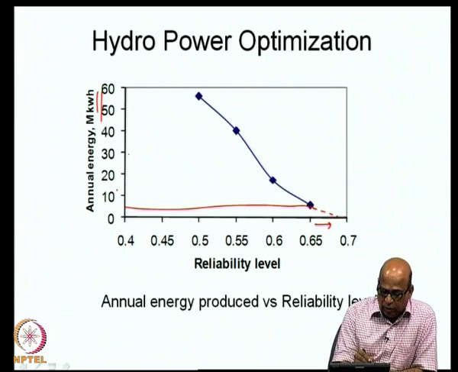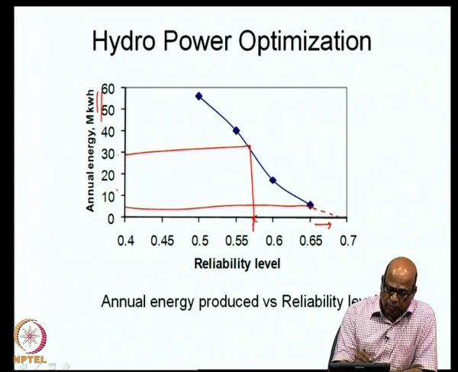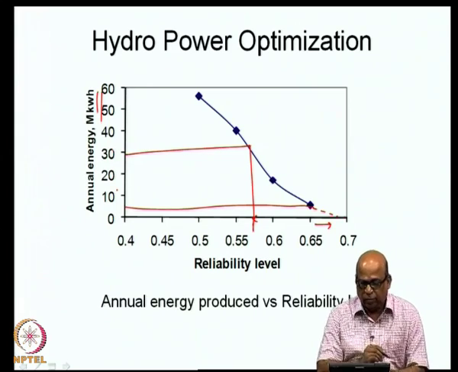If I want a minimum of 30 million kilowatt hours, what is the reliability with which I can meet the irrigation demand. So, I may have to sacrifice the irrigation reliability to about 0.58, let us say, to achieve a minimum energy generation of 30 million kilowatt hours.